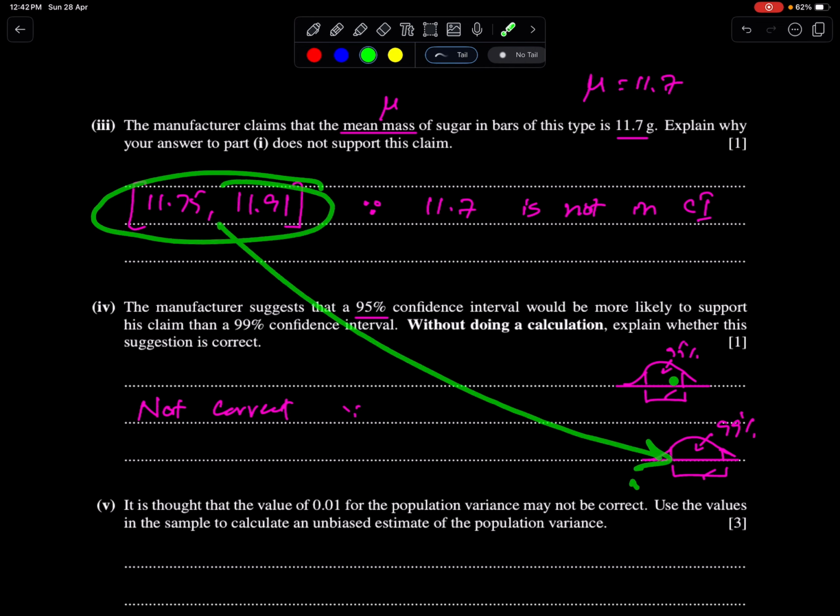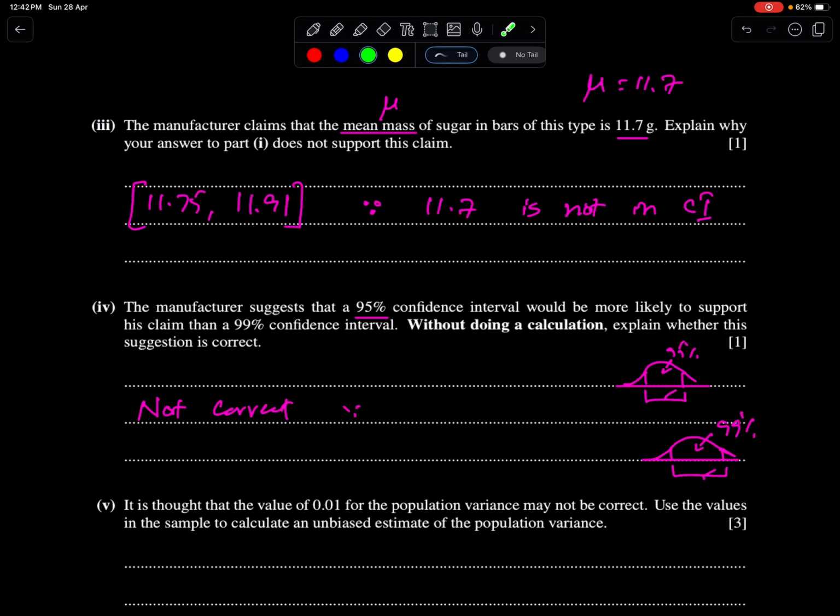In 95% confidence interval, these values will be smaller. So you have to write not correct because 95% CI is narrower than 99% CI.